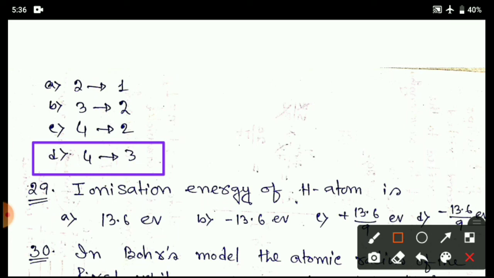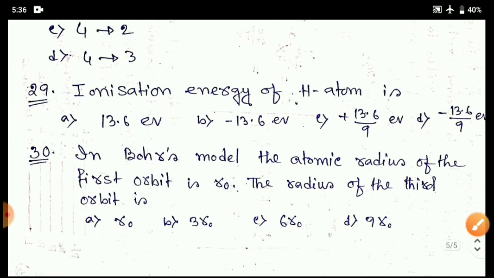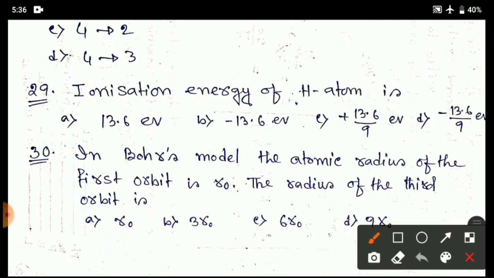In that transition, the radiation is infrared. Ionization energy of hydrogen atom is 13.6 electron volt.